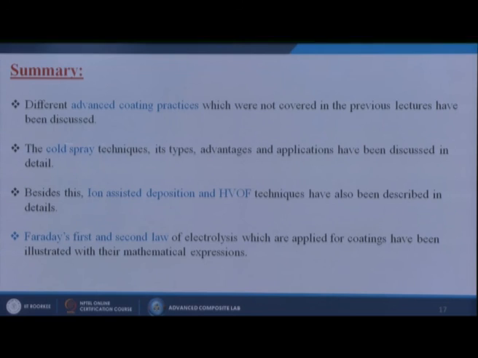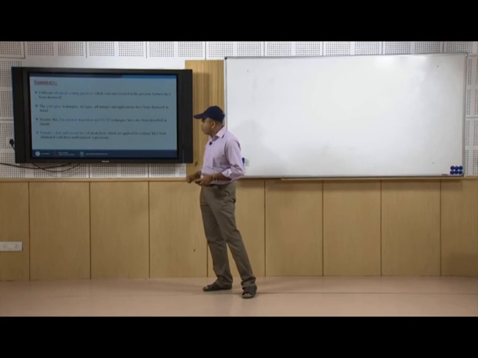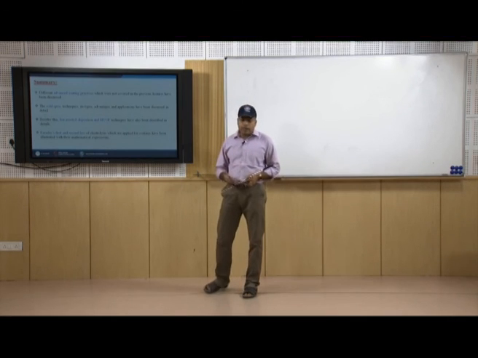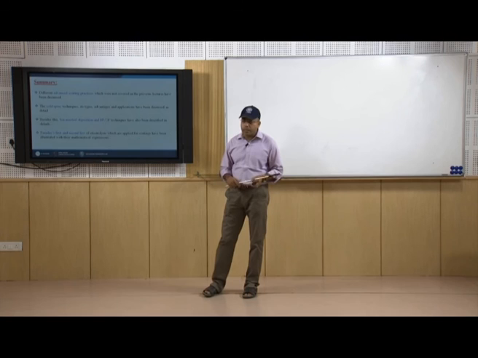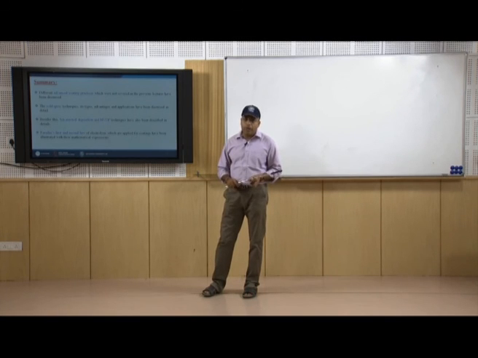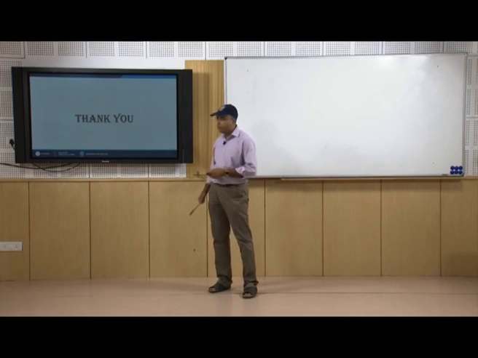Then high velocity oxygen flow techniques have also been described in detail, and for electrolysis techniques we have discussed Faraday's principle, which includes the first and second Faraday laws, how these laws can be useful, and how to measure the thickness of that particular coating and the amount of coating thickness we can achieve by applying these laws. Thank you.